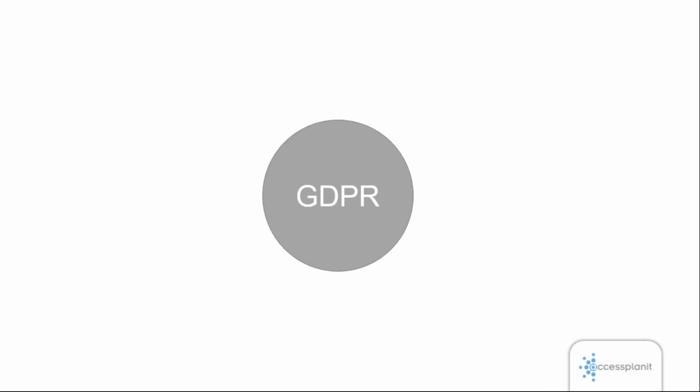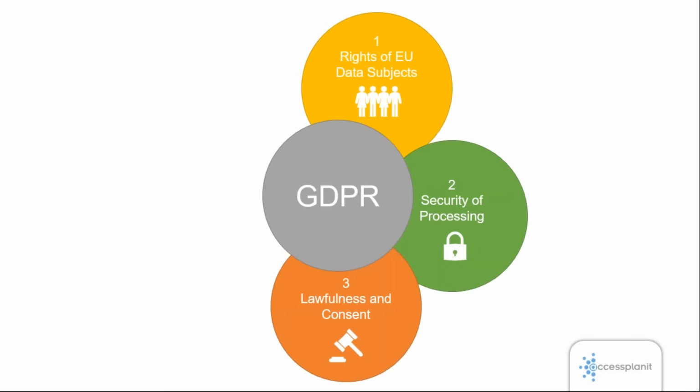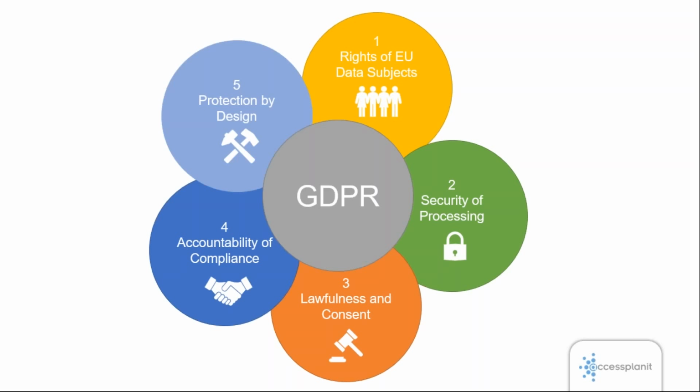What are the 5 key areas of GDPR I want to be talking to you about today? Some of you will probably have read about some of these already. Number 1 will be the rights of data subjects, data subjects in this case being the individuals whose data we're storing, processing, and so on. Then the security side of things, lawfulness and consent, so that's about when you can use data, accountability of compliance, and protection by design.